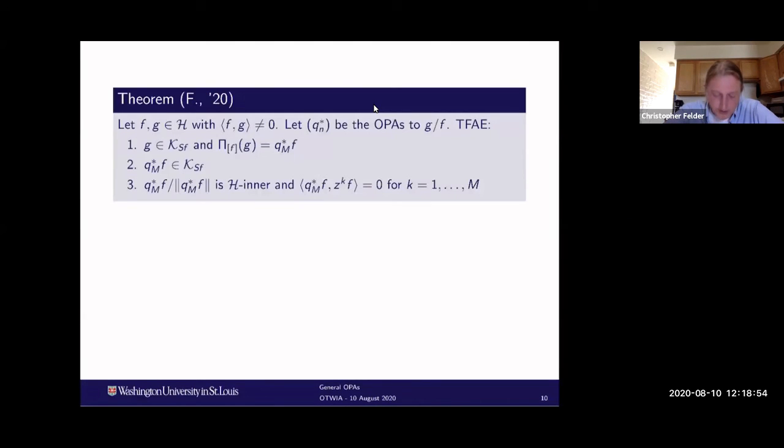Again, we take two functions, f and g, in H that aren't orthogonal. We let Qn star be the OPAs to g over f, and then the following are equivalent. First, g is in K_S F, and the projection of g onto the span of f is Qm star f. So this is stabilization.